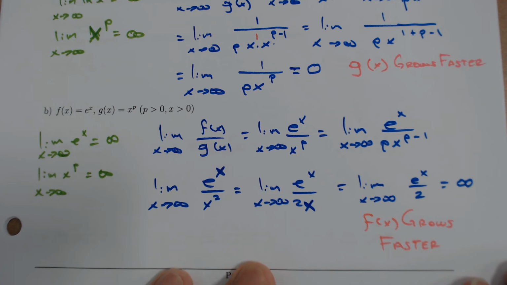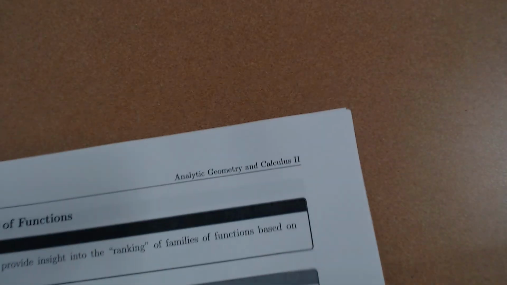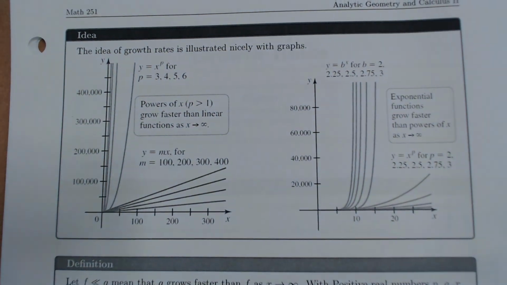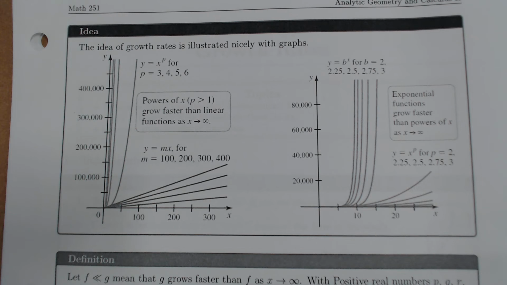All right, so of course we don't have to do all this for every single kind of function. On the next page, we have a couple of plots, a couple of graphs that show the behavior of the most common functions. So let's compare the linear function y equals mx.